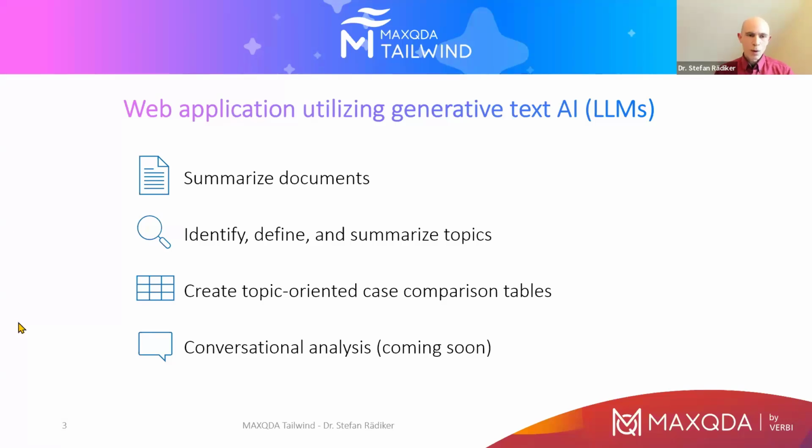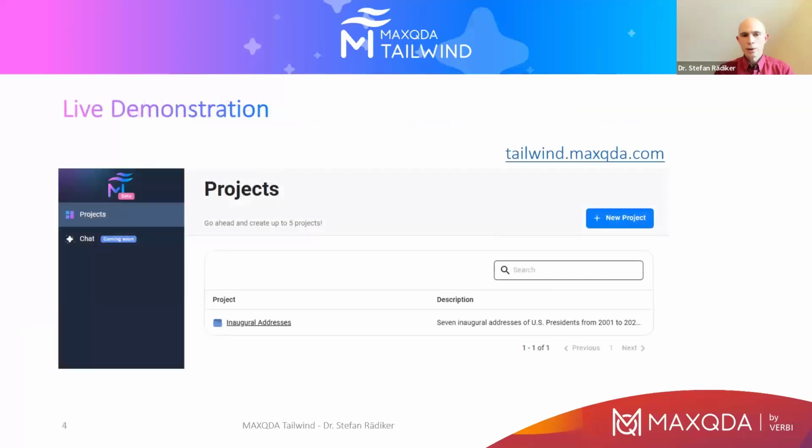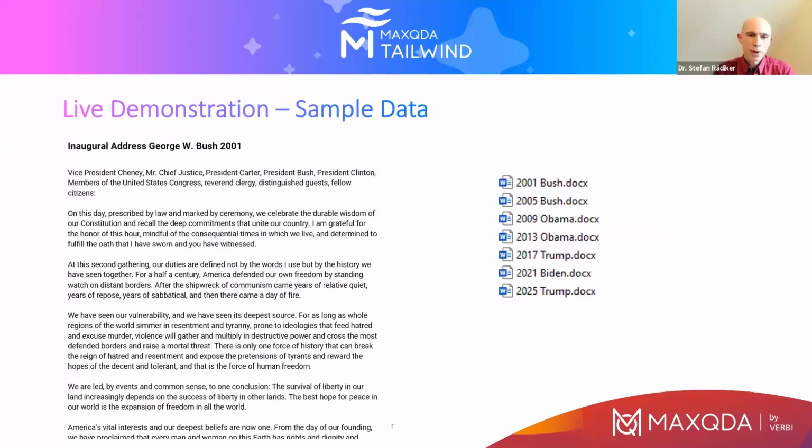In my webinar, I will give you a live demonstration of the workflow in MAXQDA Tailwind, and I will use some sample data for this. I have decided to go with 7 inaugural addresses by US American presidents. When they start their presidential term, they usually give a starting speech, which is called an inaugural address.